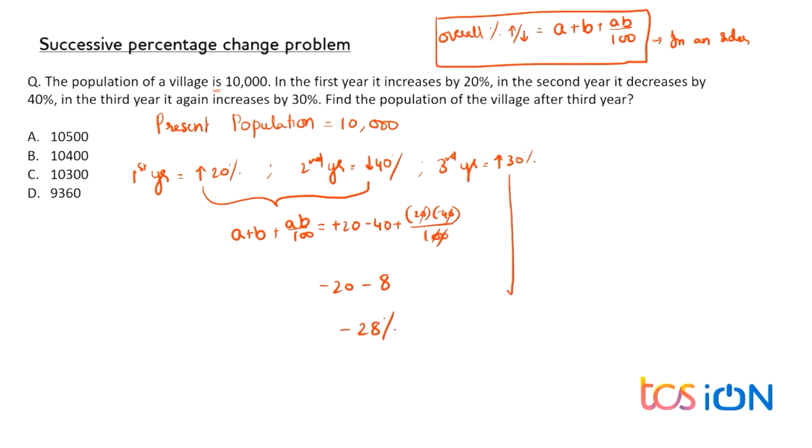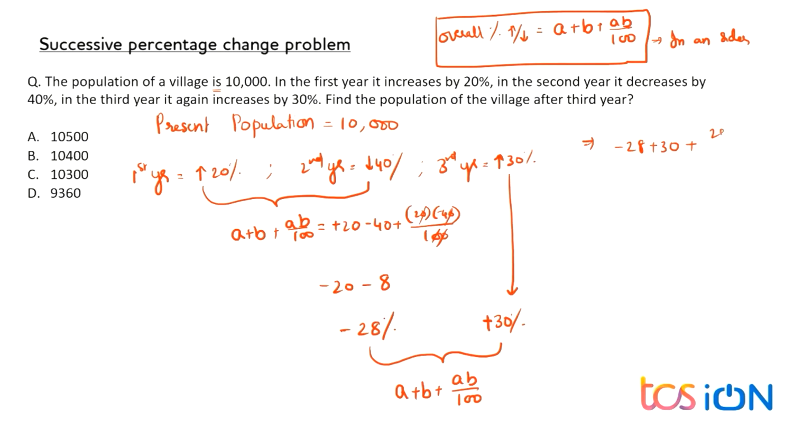So this is considered as a second year now. Everybody, for these 2 we'll apply the A plus B plus AB by 100 concept. I hope you all are clear now, everybody. Right? And that says A means decrement, so that says minus 28. And B talks about the increment, because given increment directly now, so that says plus 30.